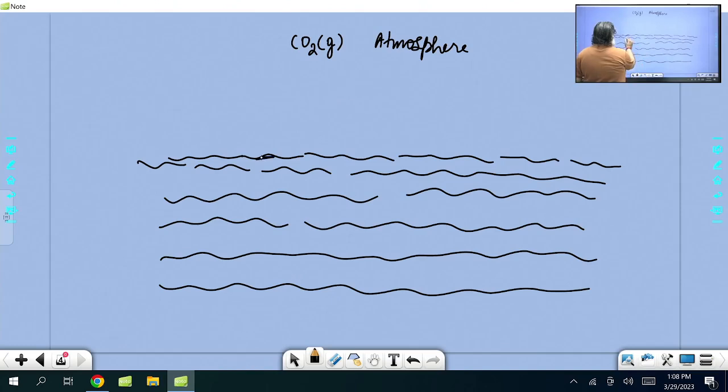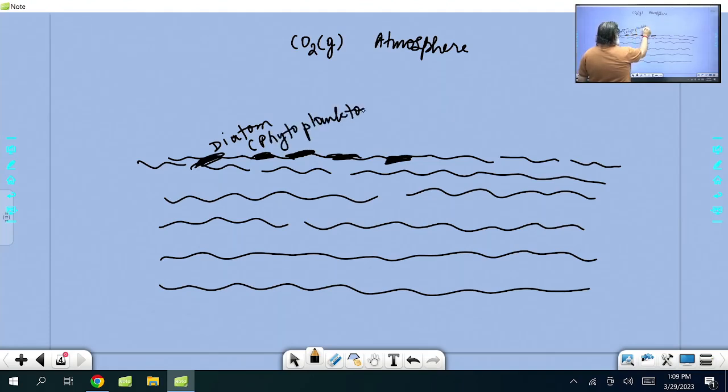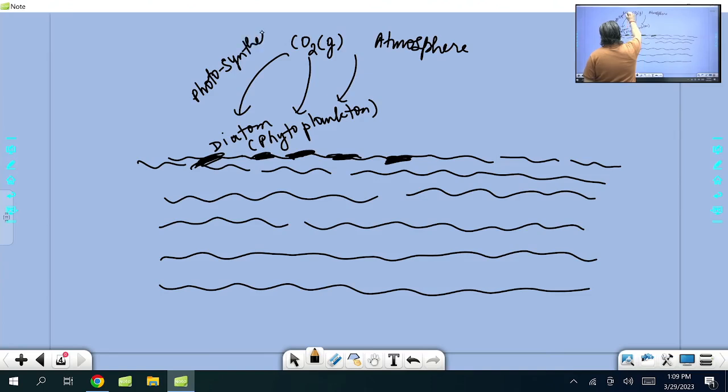One is phytoplanktons, diatoms. Diatoms are phytoplanktons, microscopic organisms. They are very, very small. So they take CO2 gas in photosynthesis, because they are producers of the marine environment.